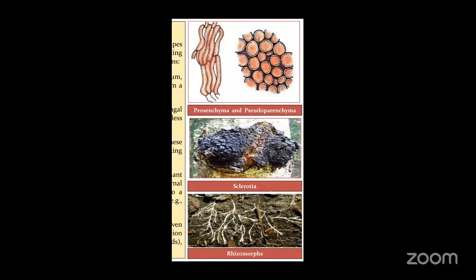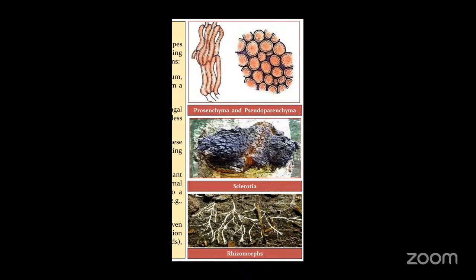Plectenchyma has two types: prosenchyma with parallel-like structures, and pseudoparenchyma looking like a parenchyma.